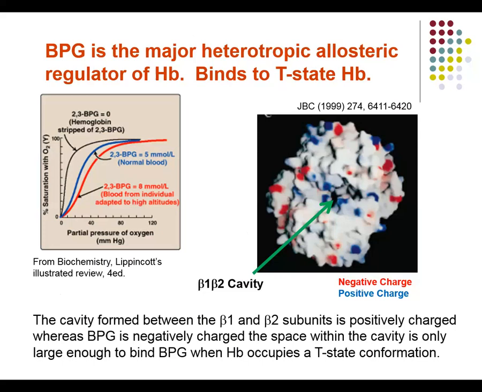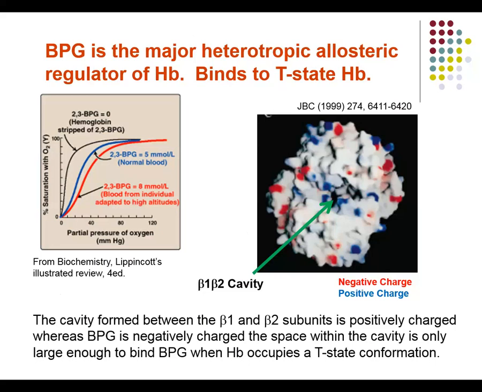To the right, we show where the crystallographic evidence shows 2,3-BPG binds. It binds in a highly positively charged pocket formed between the beta-1 and beta-2 subunits. In the figure to the right, we show the surface of the hemoglobin molecule, shown in white, with the negatively charged areas in red and the positively charged areas in blue. The 2,3-BPG binds into the positively charged pocket, which is indicated by the arrow.